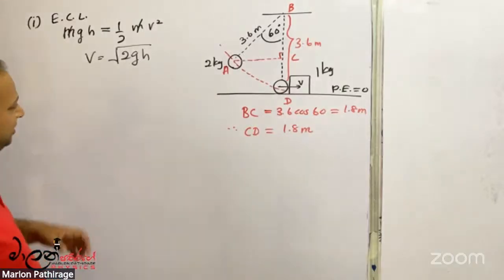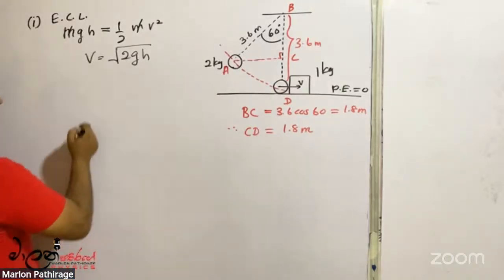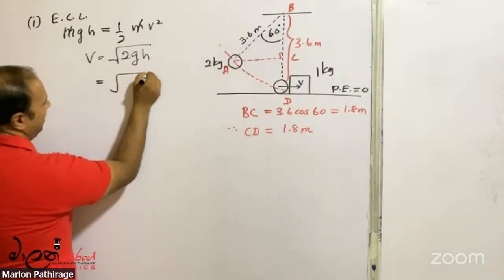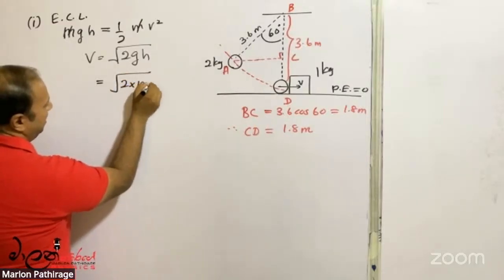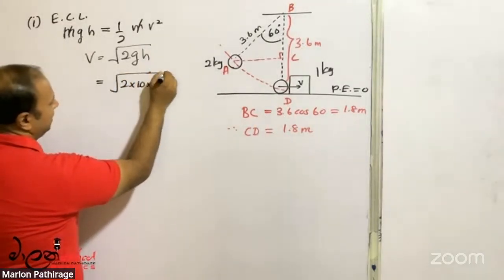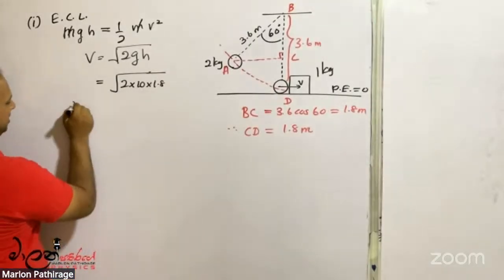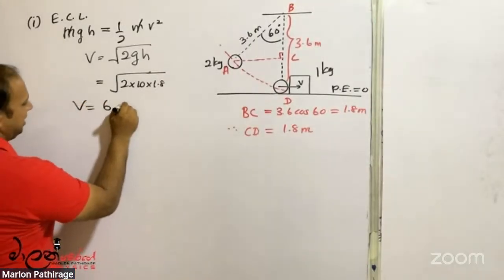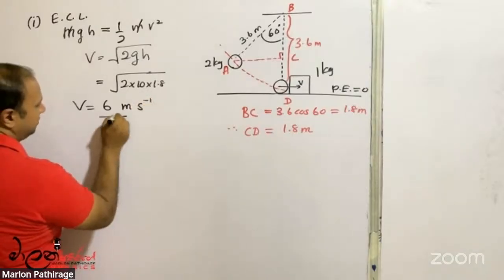So the answer is square root of 2 times 10 times 1.8, that means 36. Therefore the answer is 6 m s^-1.